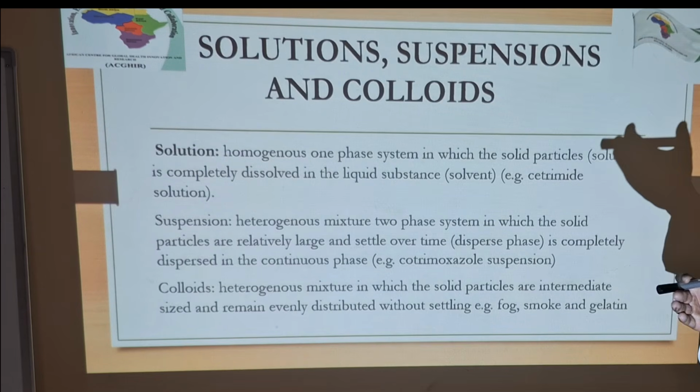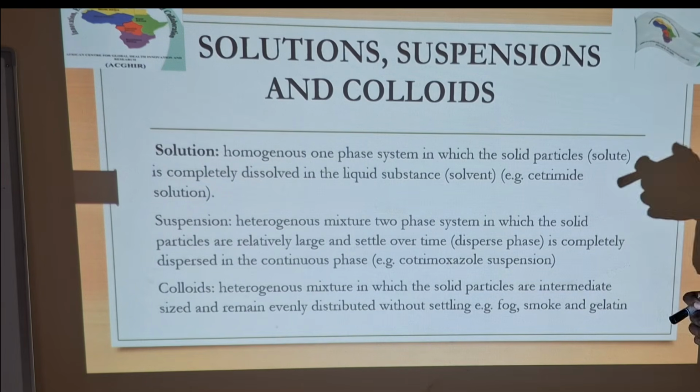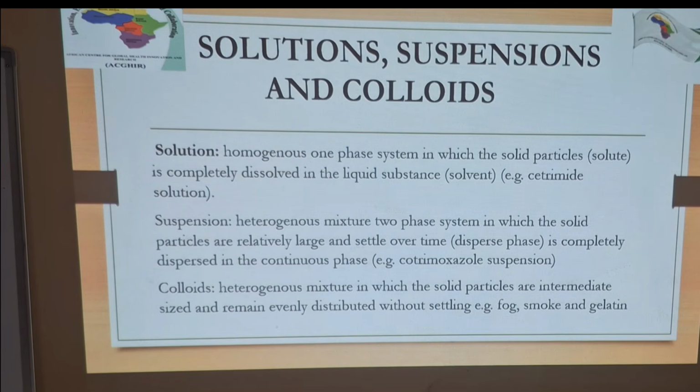Suspensions. These are heterogeneous mixtures or two-phase systems in which the solid particles are relatively large and they settle over time. The solid particles are called the dispersed phase, and they are dispersed in the continuous phase. For example, cotrimoxazole suspension.